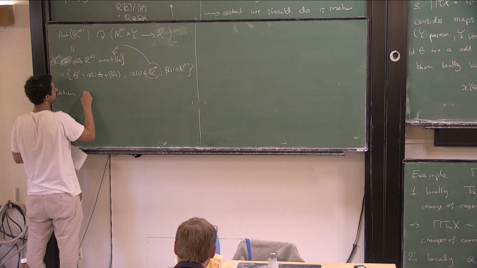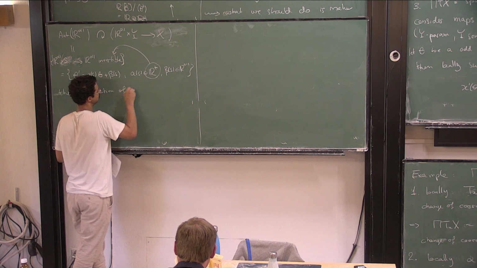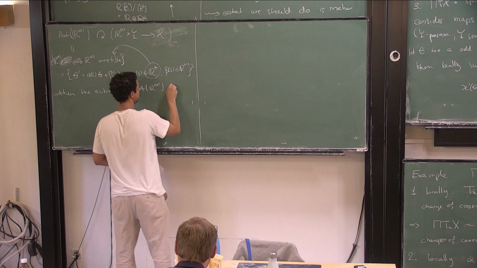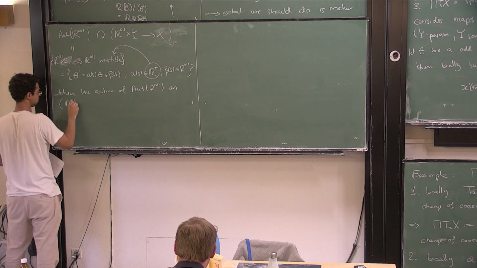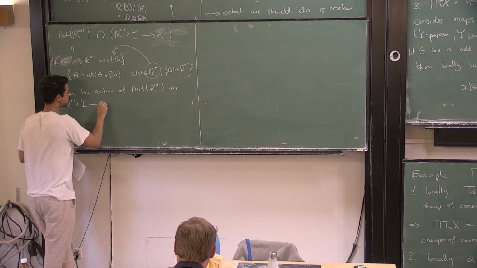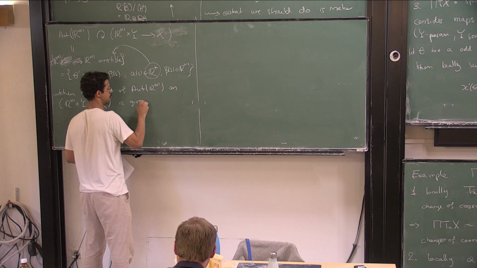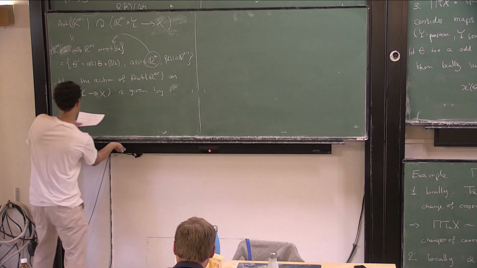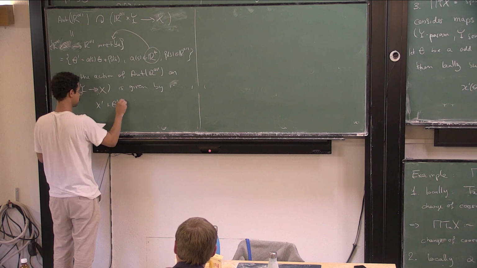So then the action of this automorphism group on the space of maps from R01 times y into x is given by an element like x dash plus theta dash psi dash.